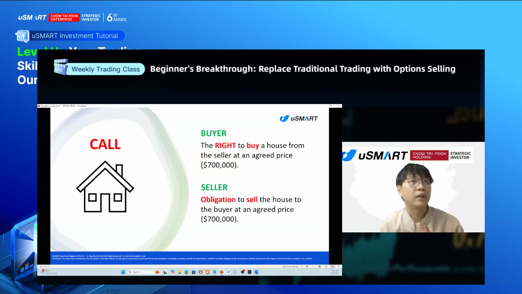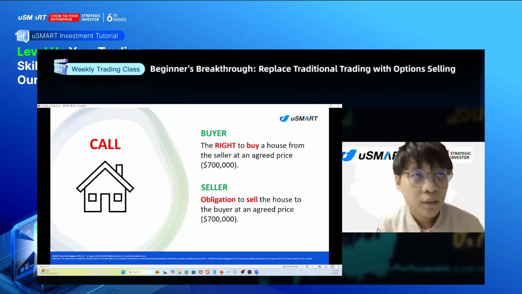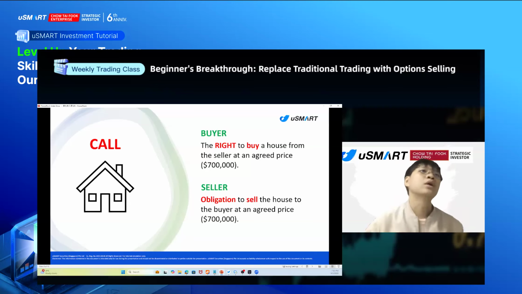Then I, the buyer, don't need to exercise this contract. I'll just leave it expired. So I don't exercise at all, and the fees that I paid as a booking fee will be just gone, burned. So this is the case of a call option if you're referring to buying a property.